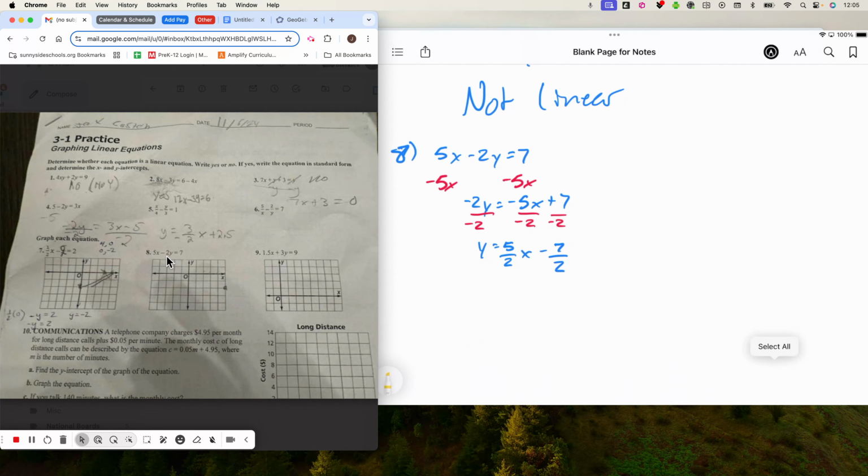And so the alternative way to graph that is to use the x-intercept and the y-intercept. And so again, the x-intercept happens when y is equal to 0, the y-intercept happens when x is equal to 0. And so what we would do is take 5x minus 2y equals 7.